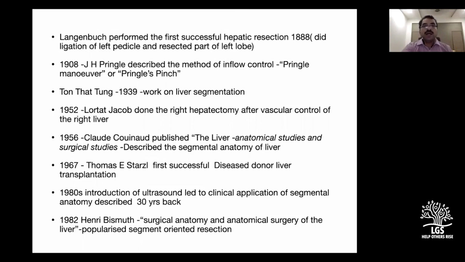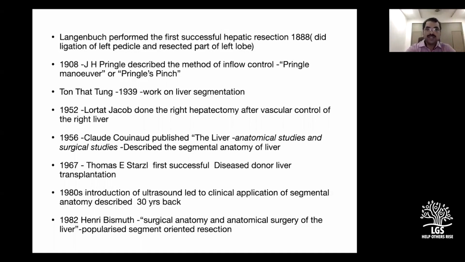In 1908, John Hogarth Pringle described the method of inflow control, called the Pringle maneuver, which actually improved the results of surgery, especially in trauma surgery and in war surgeries. It was Tôn Thất Tùng, the famous Vietnamese surgeon, who did extensive work on liver segmentation, and he published his data even before Couinaud published his data.